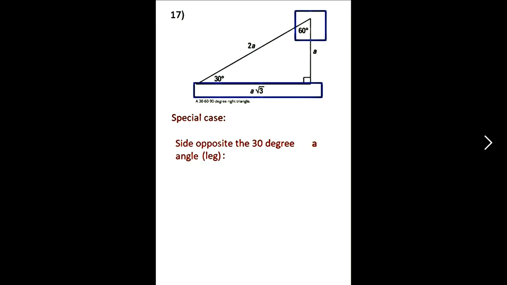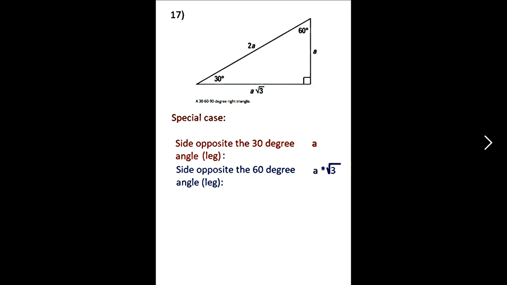Instead of calling this B, we're going to say that this leg has a relationship to A. What's the relationship? A times the square root of 3. So instead of solving for B the way we normally would, this is whatever that first leg is times the square root of 3. That's how you solve for what we would normally call B.